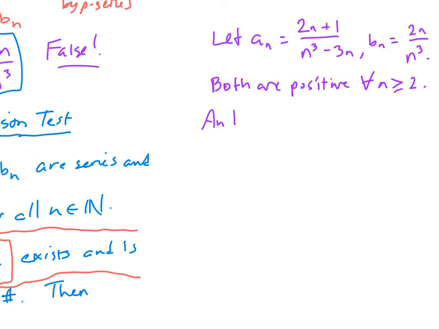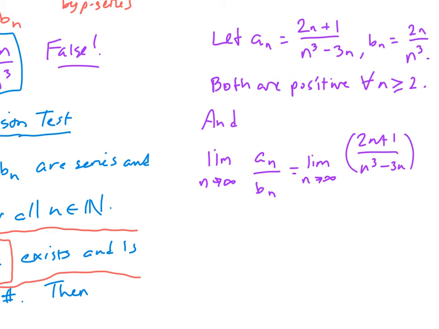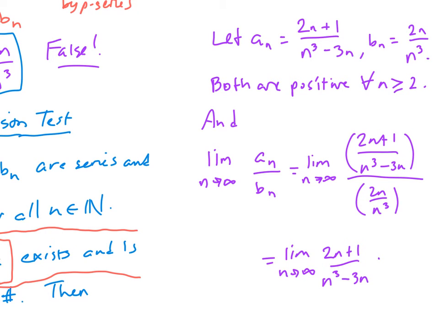And what about that limit? The limit, as n goes to infinity, of a sub n over b sub n. Now this is where we have a little bit of a test of your algebra skills. What is the limit of 2n plus 1 over n cubed minus 3n over 2n over n cubed? Well, let's see. You know the old phrase, ours is not to question why, ours is to invert and multiply. Now I actually do like to question why, but not in the scope of a now 17-minute video about finding limits and convergence of series.